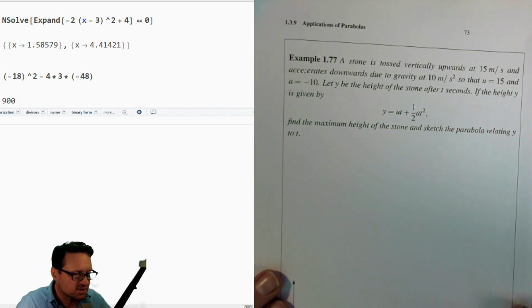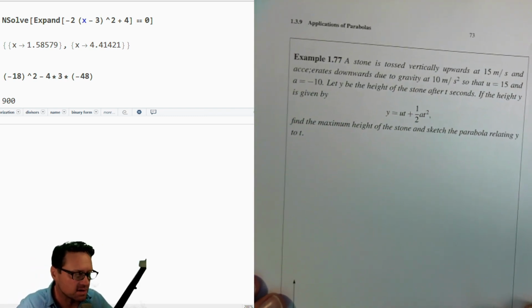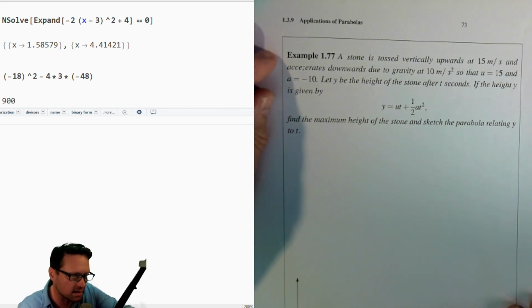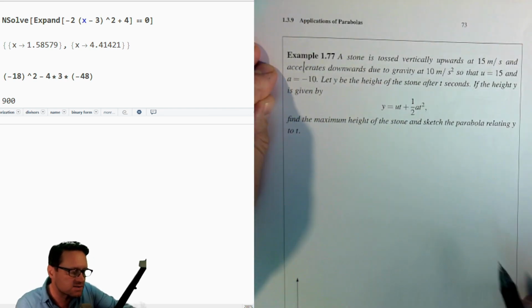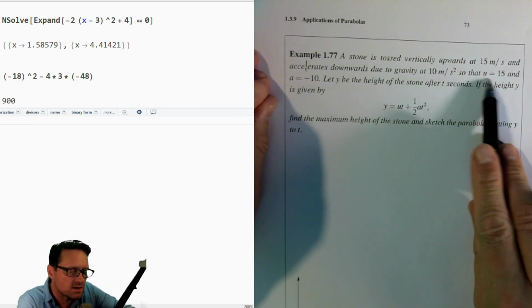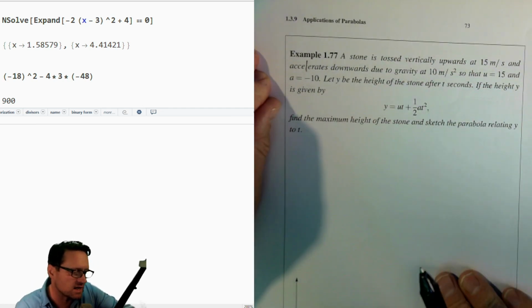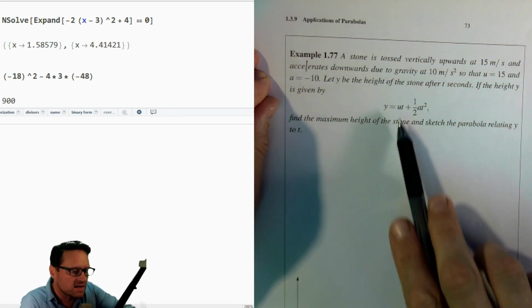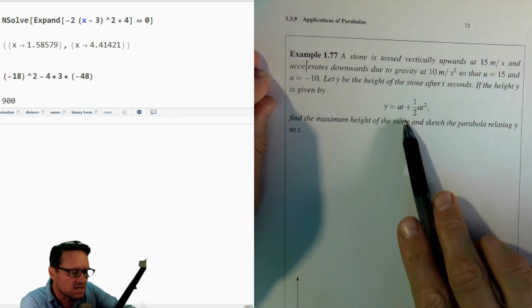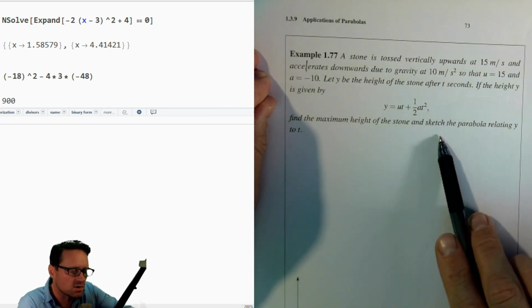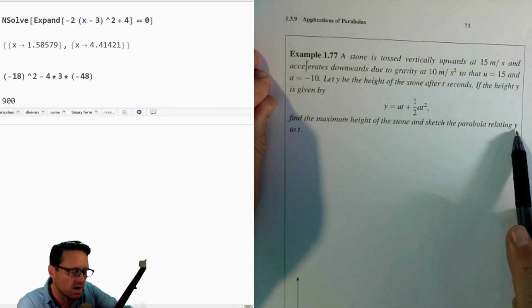Okay, applications of parabolas. A stone is tossed vertically upwards at 15 meters per second and accelerates downwards due to gravity at 10 meters per second squared, so that u is 15, a is minus 10. Let y be the height of the stone after t seconds. If the height y is given by the formula y equals ut plus a half at squared, find the maximum height of the stone and sketch the parabola relating y to t.